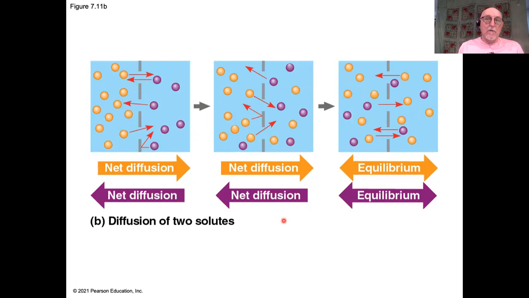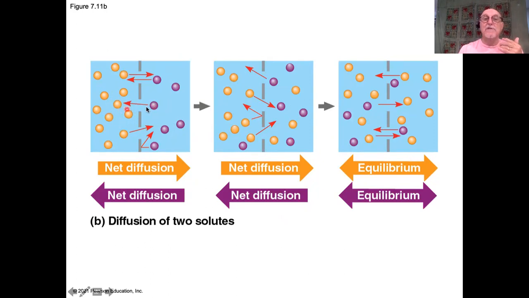Our second thing that we need to think about is, what if we have a situation where we've got two substances in the solution? Let's say we've got one on one side and one on the other. In actual fact, those substances will behave independently of one another. They will behave as if the others were not there. This one will diffuse that way, down its concentration gradient.